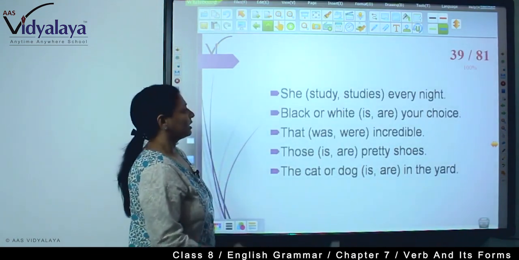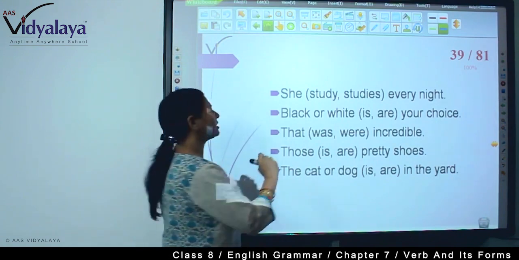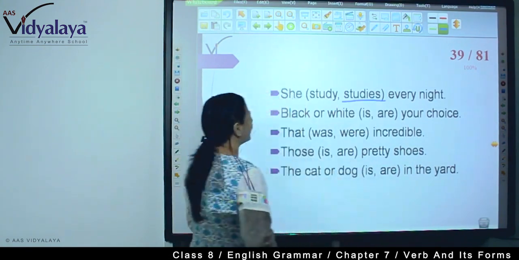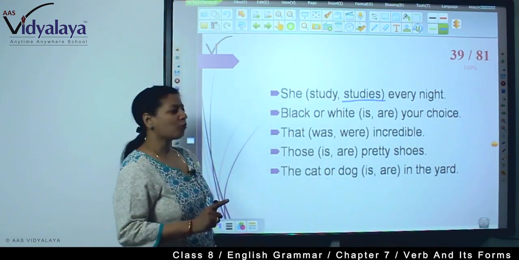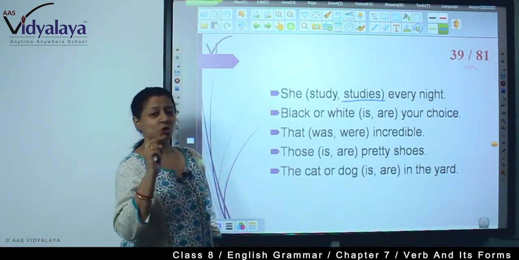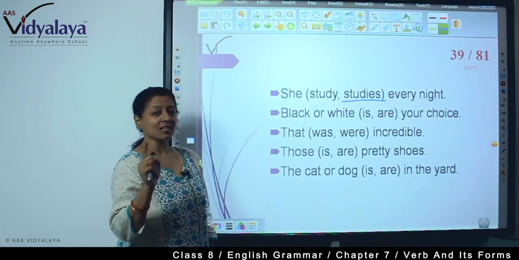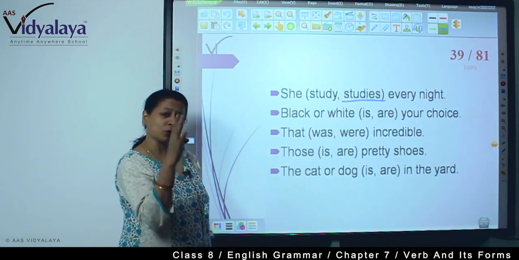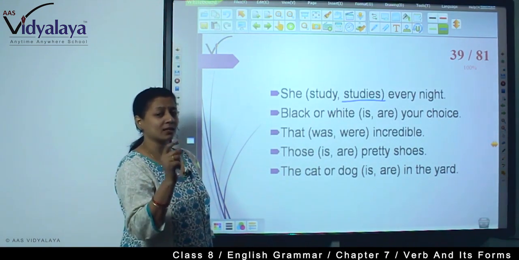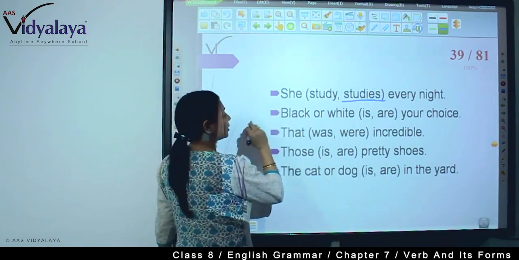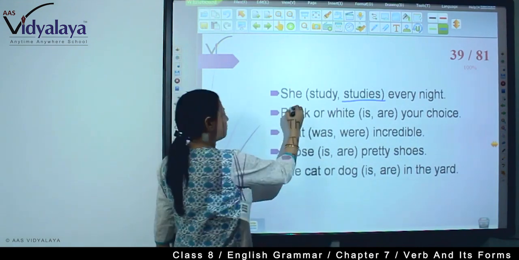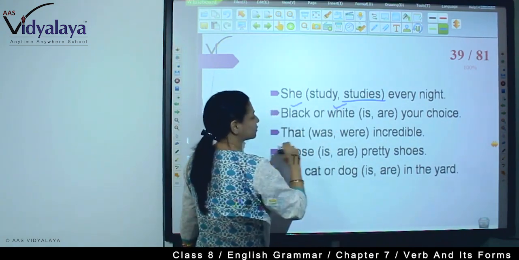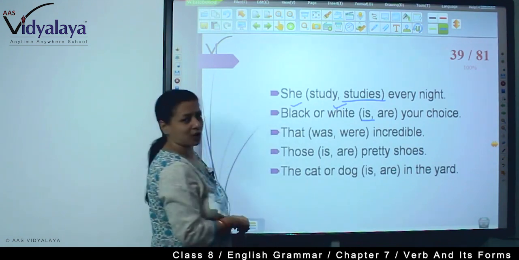Now, she is again singular, so studies every night. Black or white. Here there is a choice. You are not asked for both black and white; you are asked which one. You will get only one. Black or white. So, here is your choice.